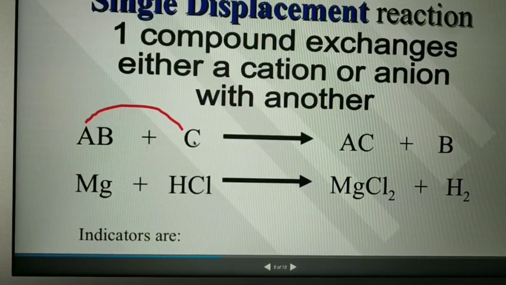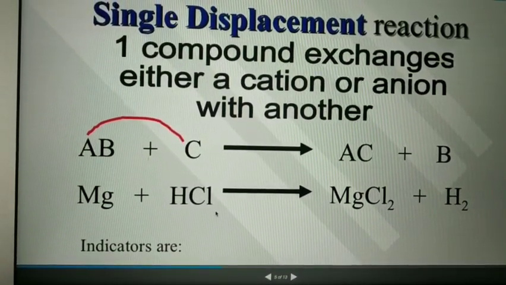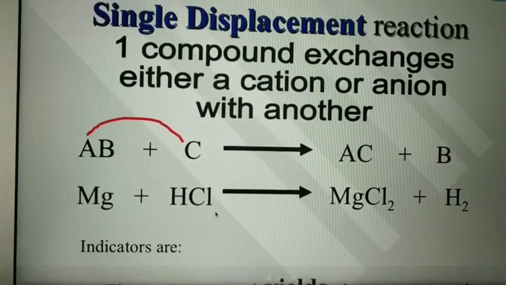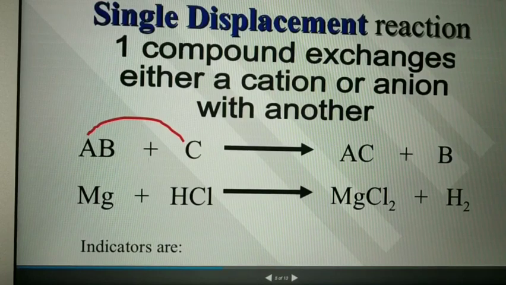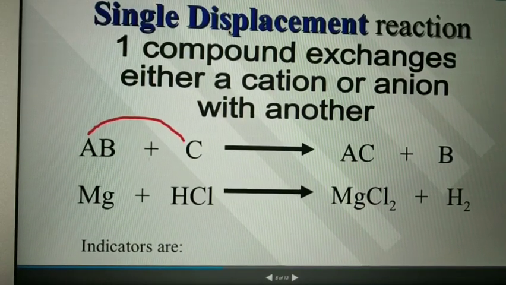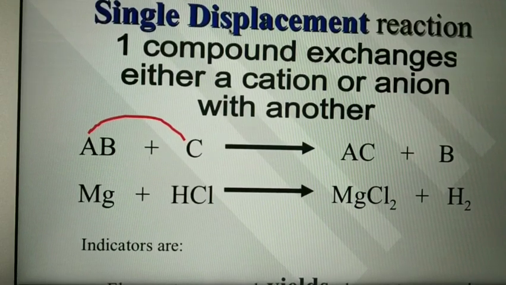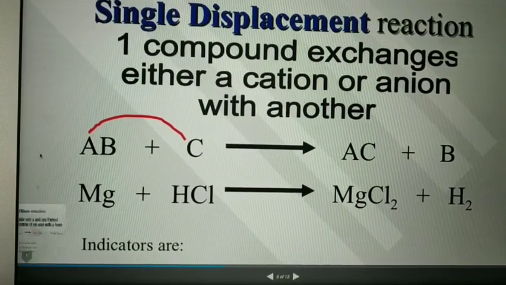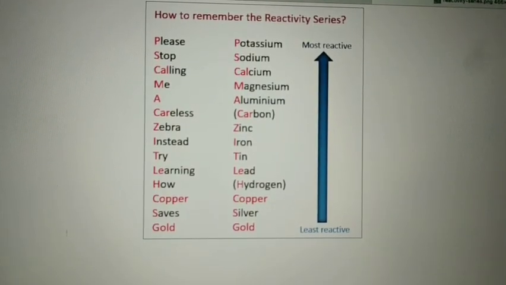By remembering the activity series. So at first you have to remember the activity series. You see the book? The activity series is given on page number 74, from the most reactive metal towards the least reactive. Okay, wait, I'm going to show you. You see the reactivity series.